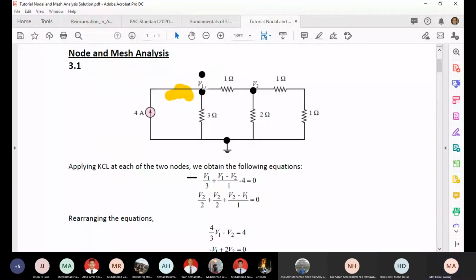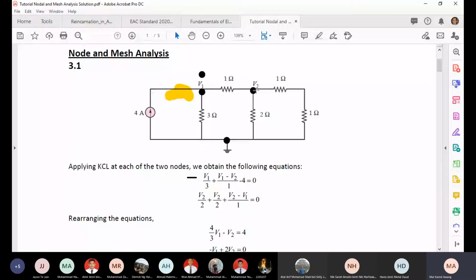So there is one equation for node 1. At node 2, you have current flowing from here into V2, and current flowing out from V2 through this one and through this one.